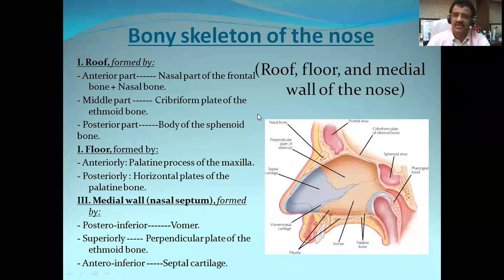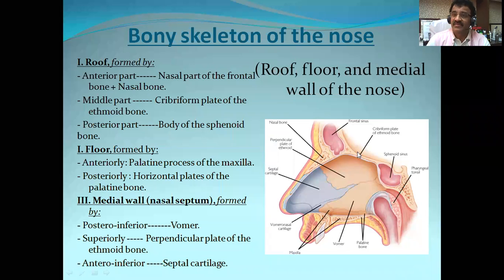So first we'll try to understand how the roof of the nose is made up. You can look at this picture. The anterior part of the roof is formed by the nasal part of the frontal bone. Here you can see the frontal bone. The middle part is formed by the cribriform plate of the ethmoid bone.